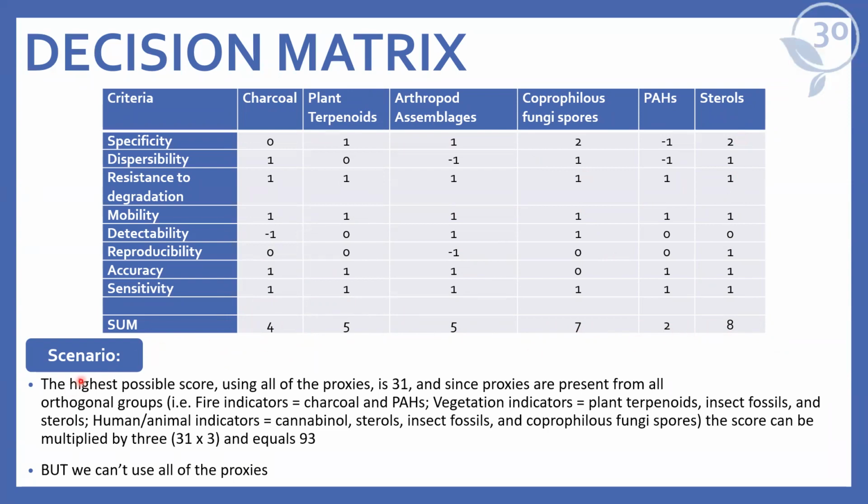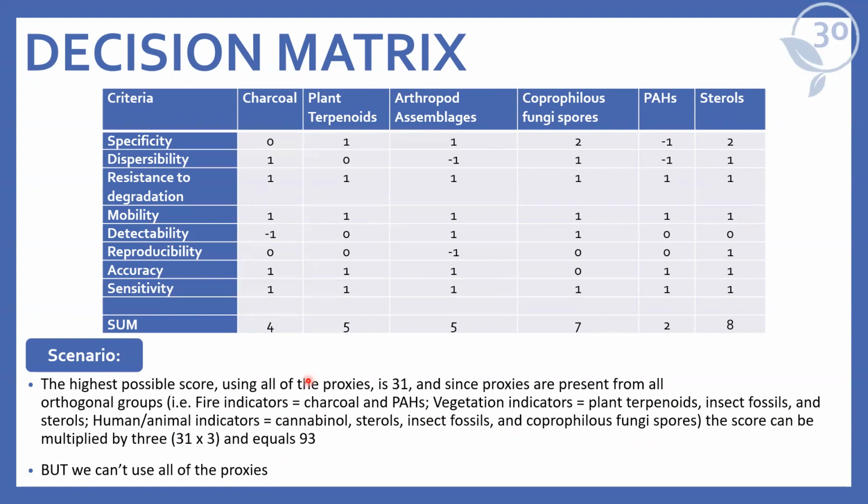If we were in that perfect world where we could have all collaborators and look at all of these proxies together, the highest possible score is 31, since all proxies are present from the orthogonal groups: fire indicators, which are charcoal and PAHs; vegetation indicators, plant terpenoids, insect fossils and sterols; and human and animal indicators, including cannabinol, sterols, insect fossils, and fungi spores. Since they're all present from all the orthogonal groups, they can be multiplied by 3. So the study score with all of the proxies here would be 93.